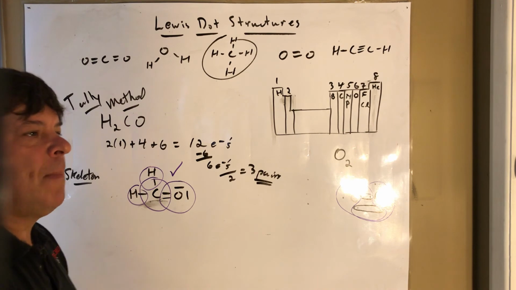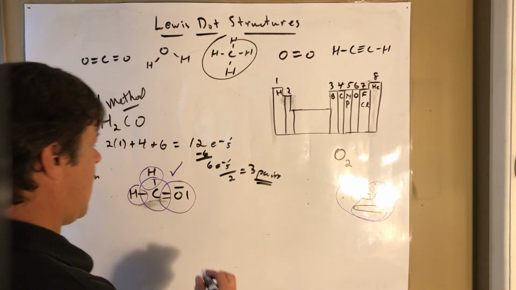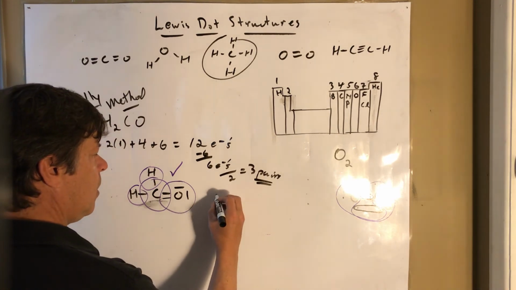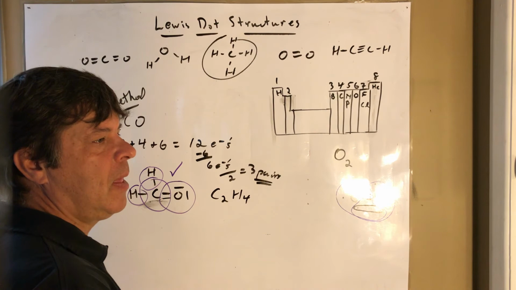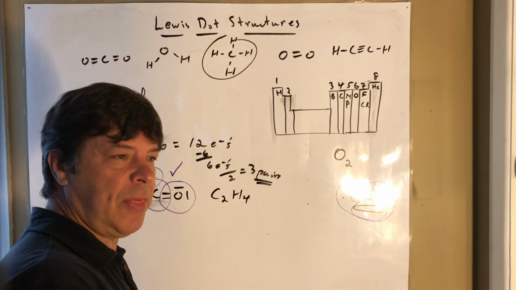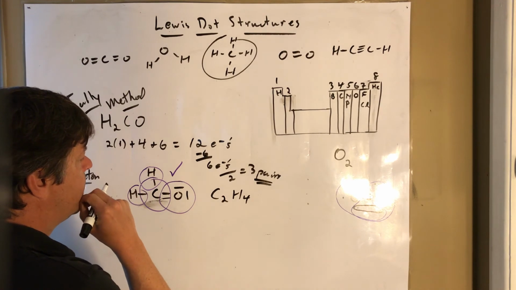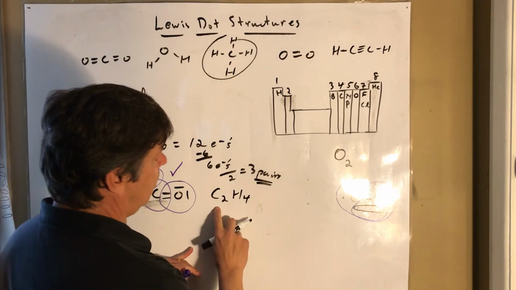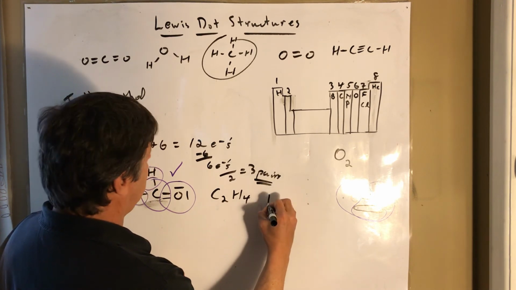All right, maybe we should try one more of those, okay? Let's look at C2H4, ethene, right? Let's count up the valence electrons. 8 plus 4 is 12 again. We have 12.